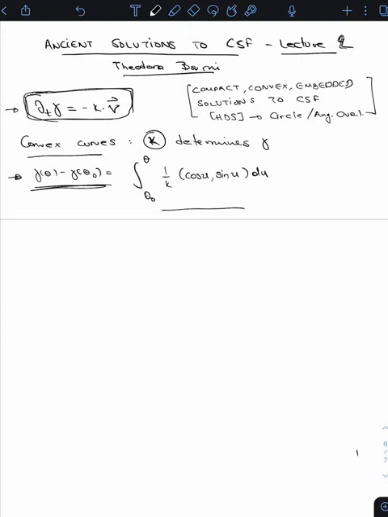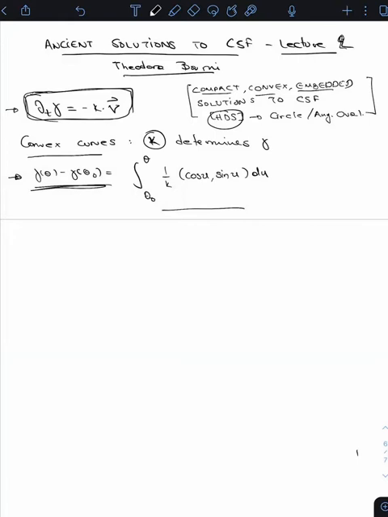Now, the theorem we want to discuss today is the one proved by Hamilton, Daskalopoulos, and Sesum, and it classifies all compact, convex, embedded ancient solutions to curve shortening flow. And they are the circle and the Angenent oval.